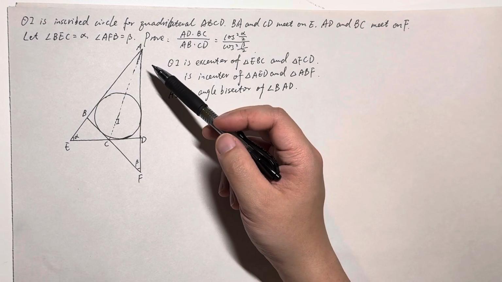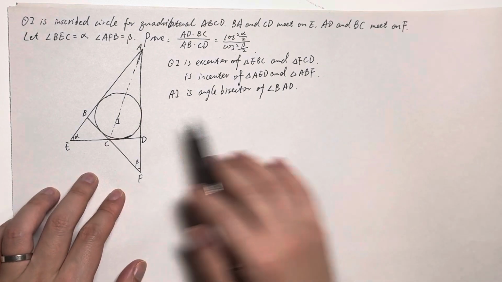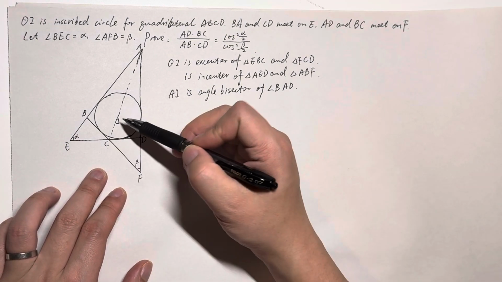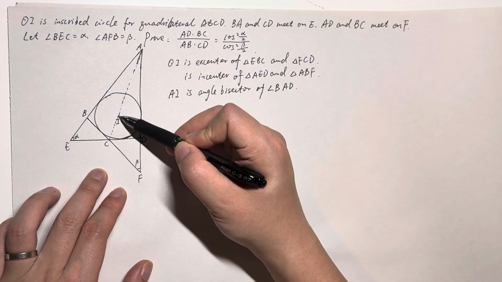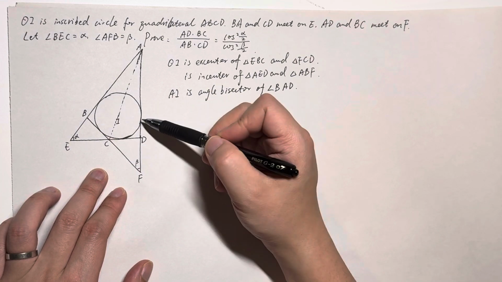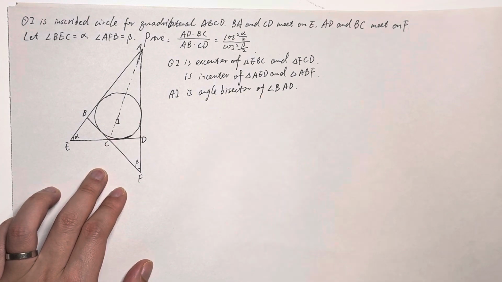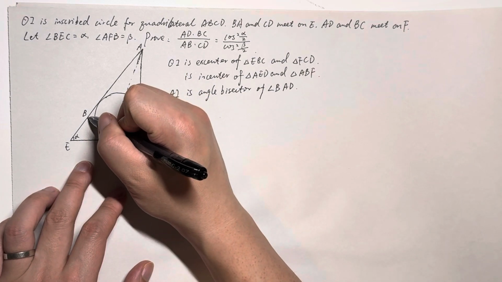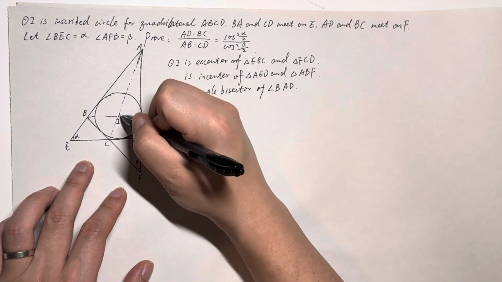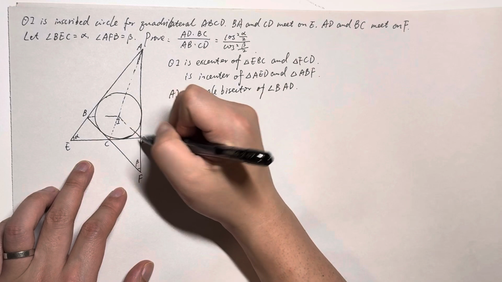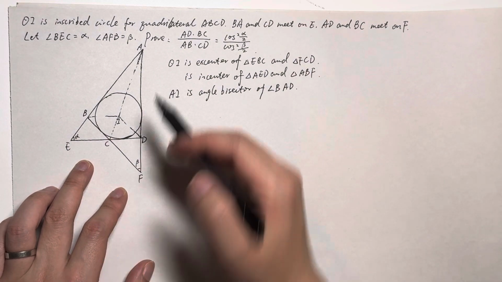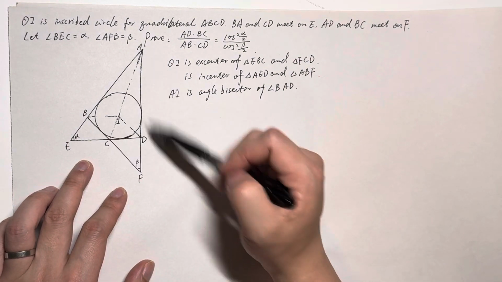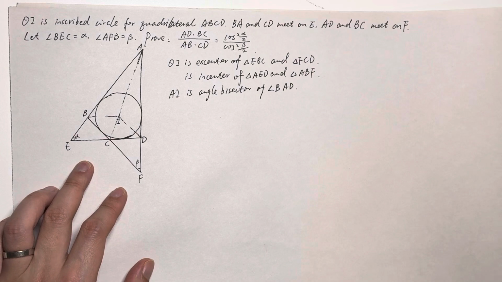And this is an angle bisector because the distances from I to AB and AD are equal, right? Similarly, BI and DI are the angle bisectors of angle ABC and angle ADC, right?